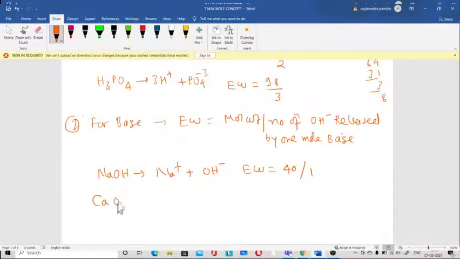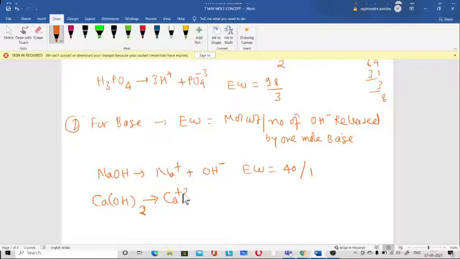For calcium hydroxide, which is called slaked lime, sometimes called lime water, a lot of names are there.